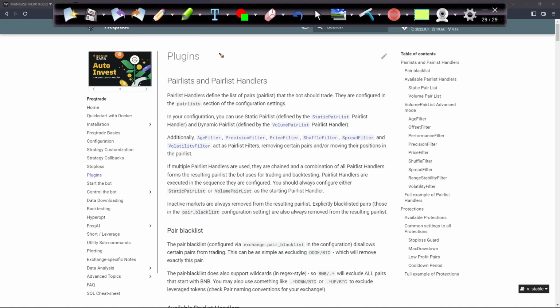Okay, so first of all, if you had heard about the watch list, so the watch list is basically, we don't want to trade random pairs, any random pairs.